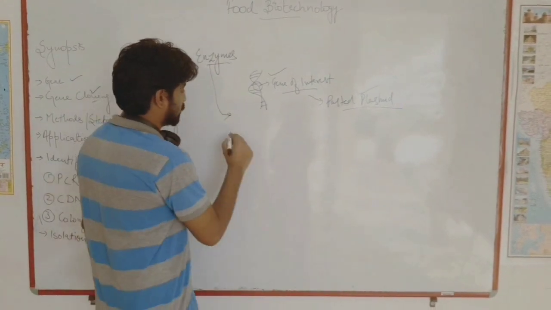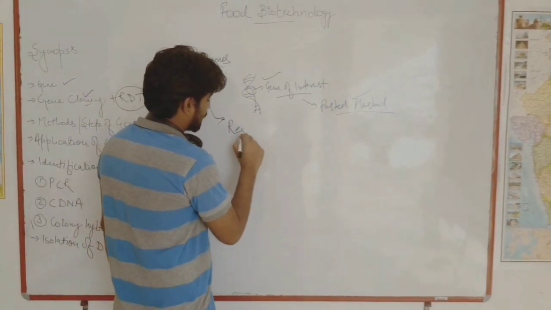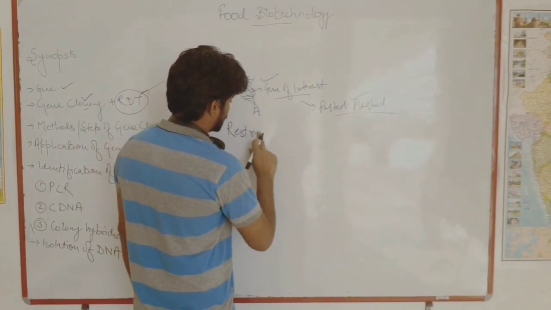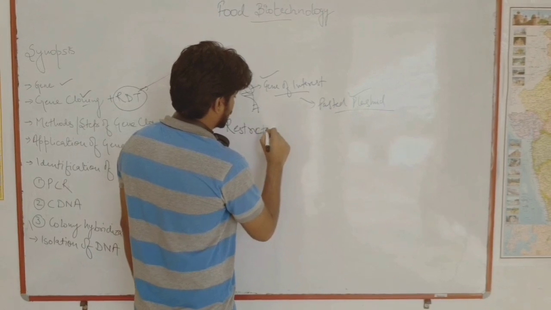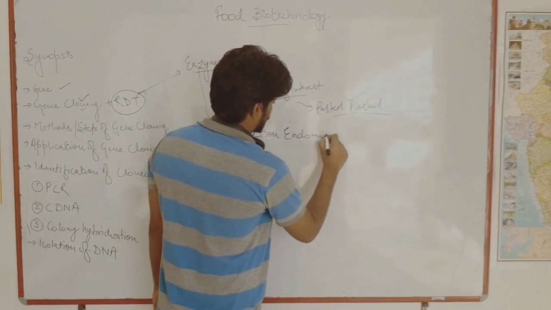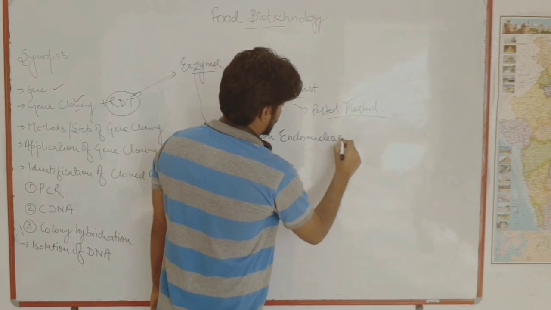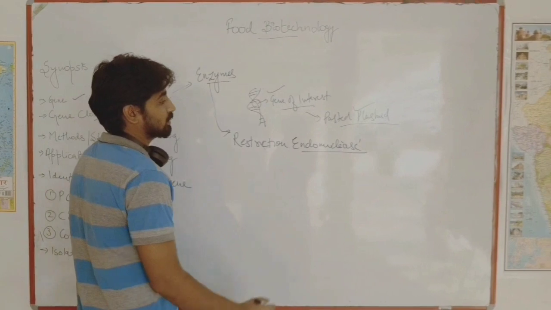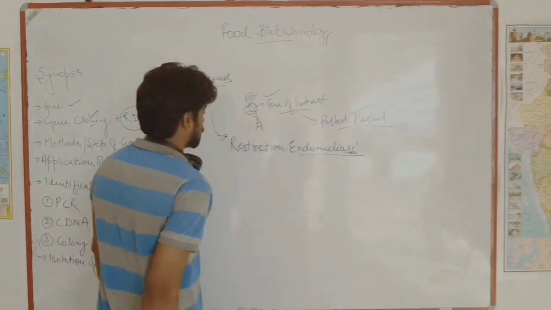So for cutting, we will be dealing with the restriction endonuclease. You know that the suffix "ase" is used for enzymes.